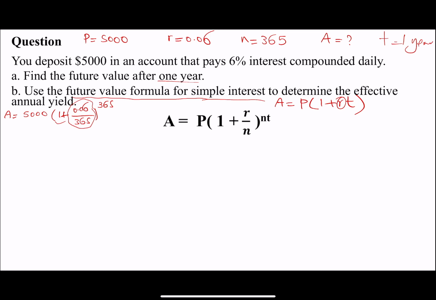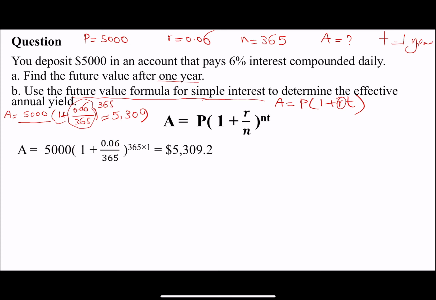Whatever the answer is, now multiply that by 5,000. I get around $5,309.